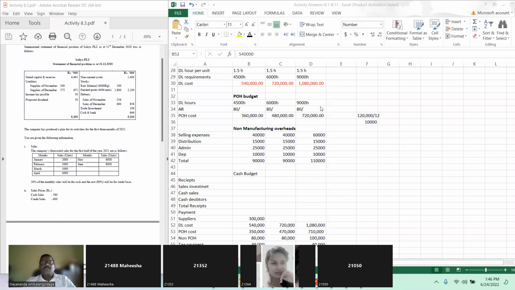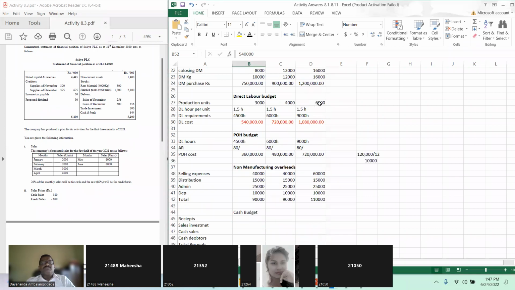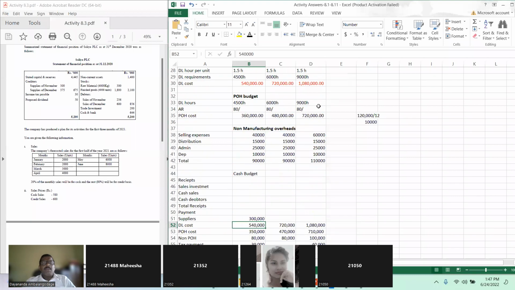Sir, sorry for the interruption. In the January purchases budget, how did you derive 4,000 as opening direct material? I think it should be 6,000 because during December we keep aside a stock of raw material for next month's production. You are correct in a way. We have to remember we prepare the budget for the next 3 months.